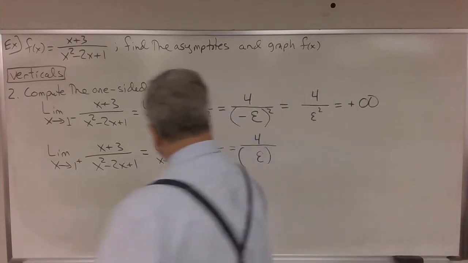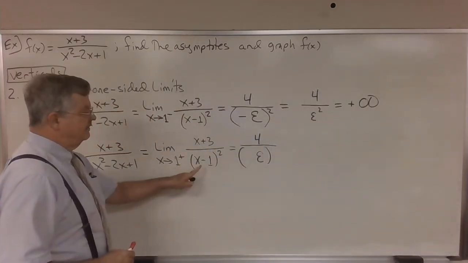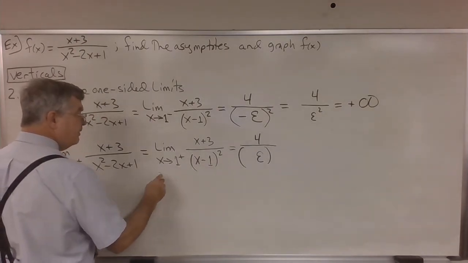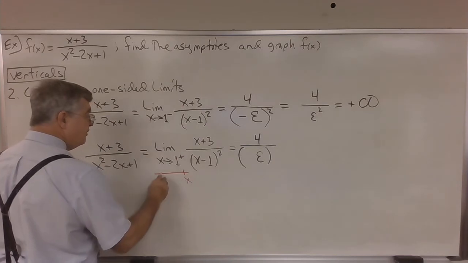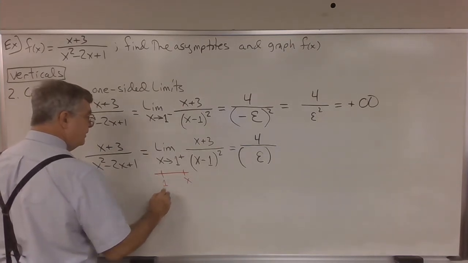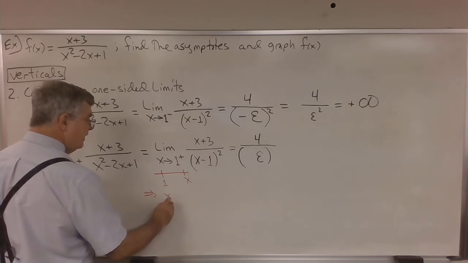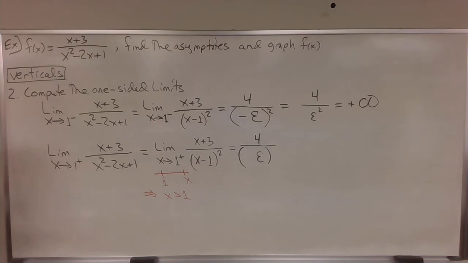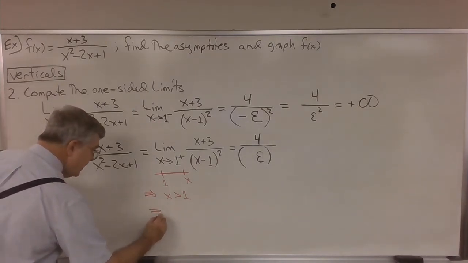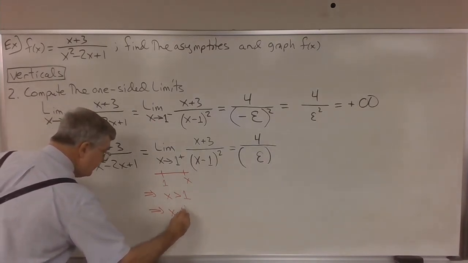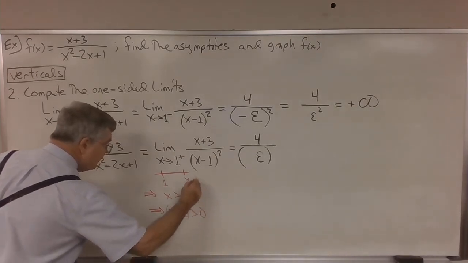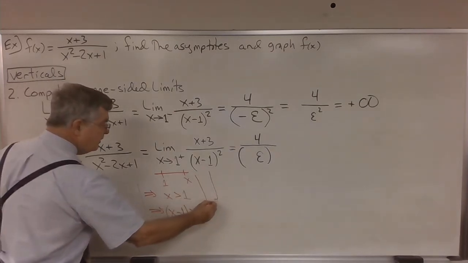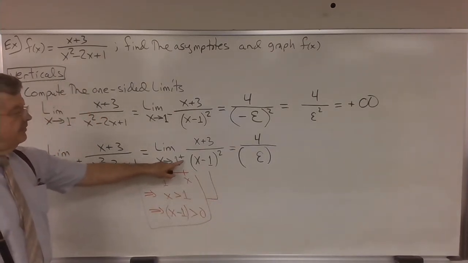Now, as x approaches 1 from the right, is x minus 1 positive or negative? If x approaches from the right, then x is to the right of 1 on the number line. So that means x is greater than 1. And if I subtract 1 from both sides, I get x minus 1 is greater than 0. Okay, x minus 1 is positive as x approaches 1 from the right.